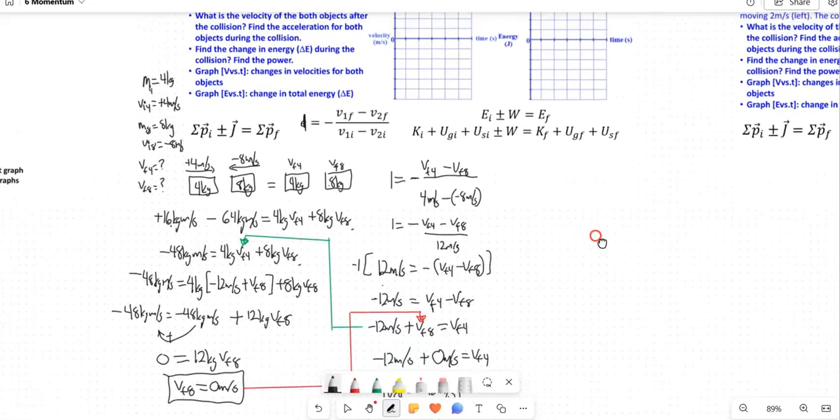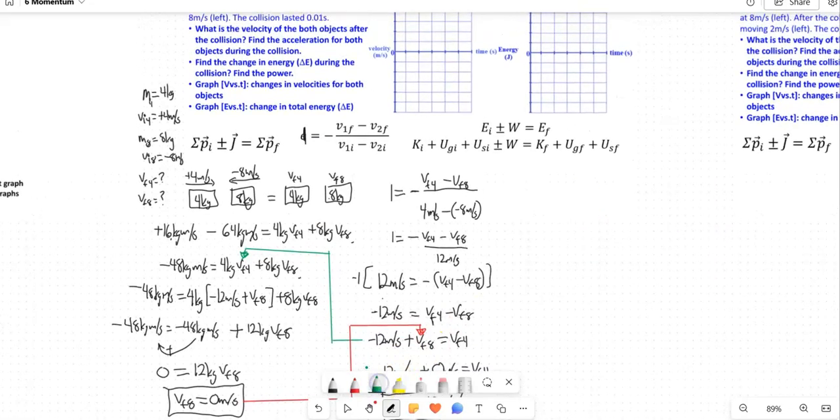Okay, so let's do the energy part. So let's find the change in energy during the collision, which it asks us to do. Well, this is an energy part, so there are no changes in potential energy since this is on flat ground.